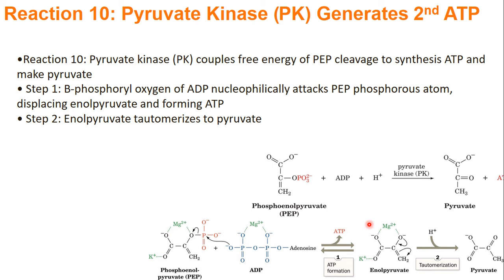ATP is released, and then we have an enol pyruvate intermediate that's interacting with the magnesium. So you can see how important the magnesium is here now. It is helping to screen these negative charges. We have our potassium right here, and we're going to reform pyruvate by taking our double bond from this carbon-carbon and more or less transferring it to this carbon, double bond oxygen, while gaining a hydrogen.